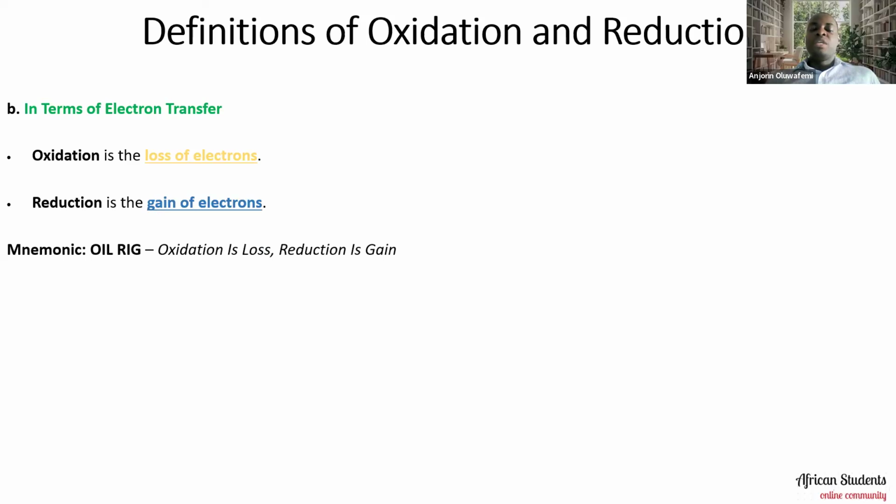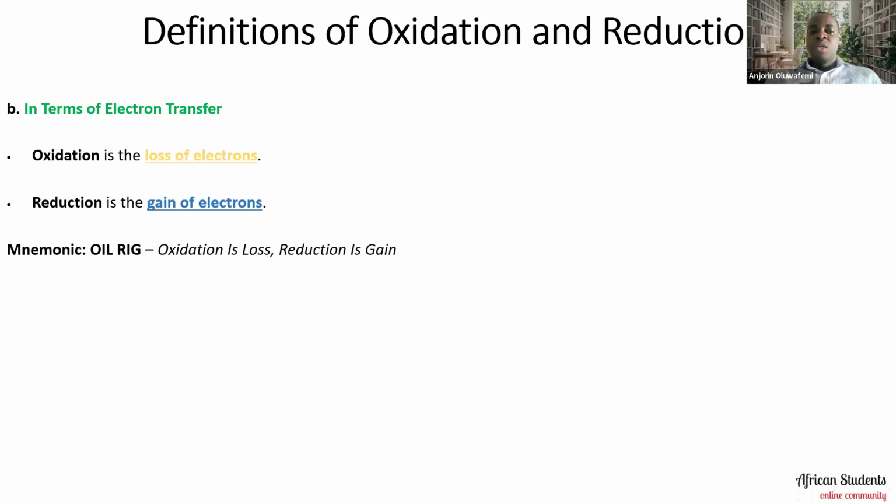Now, we will always use this mnemonic to remember how to define oxidation and reduction in terms of electron transfer. We use the mnemonic OIL RIG. I remember when I was still in secondary school, it came in very handy and very helpful also.